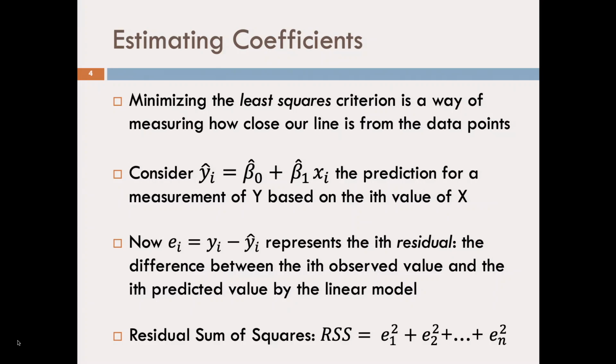This error represents what we call the residual for the i-th observation. It's the difference between the i-th observed value and the predicted value by the linear model. This is performed to evaluate the linear model. So the residual sum of squares is calculated by this formula. This means that we get the error for each outcome, square it, and sum.